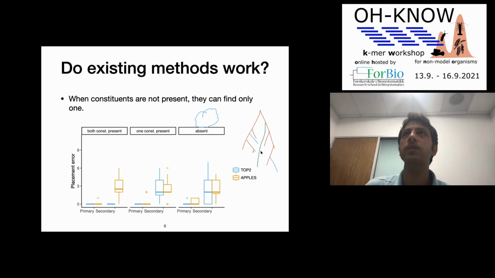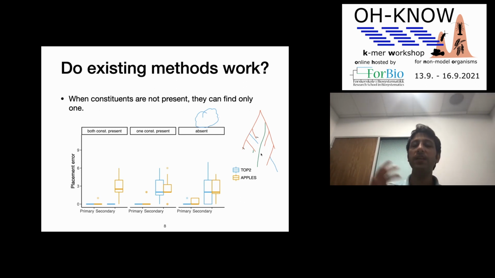This is a case where one of your constituents is missing. One of them is very close to something you have, the other is completely off. And of course, if both of your constituents are in the data set, you would get something like this, what I'm drawing in black.